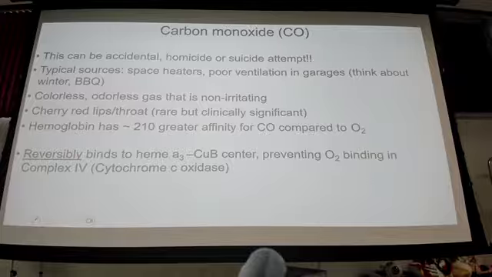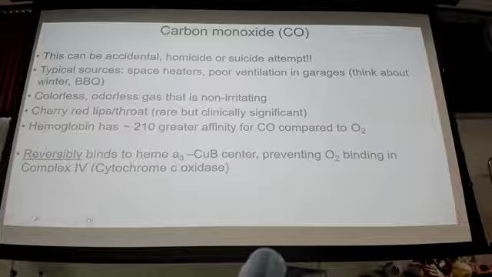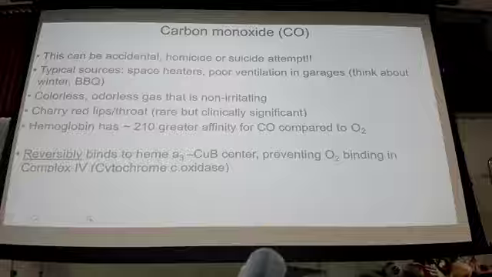You're not going to know that it's there because it's odorless and it doesn't irritate our mucous membranes in our system like other gases. Yes. Sorry, sir. For the respiratory alkalosis, is it just because you're in pain that they're breathing too fast? Yes. You're in distress, so you're hyperventilating, and that's going to cause that respiratory alkalosis.